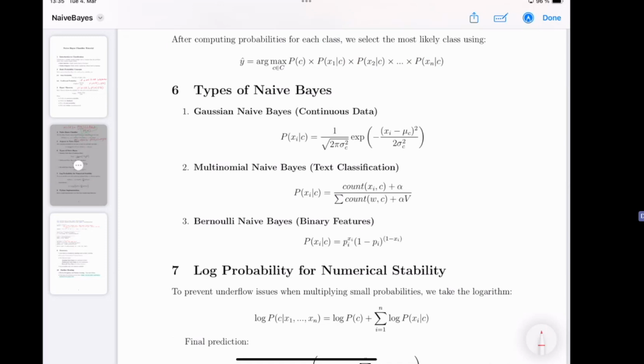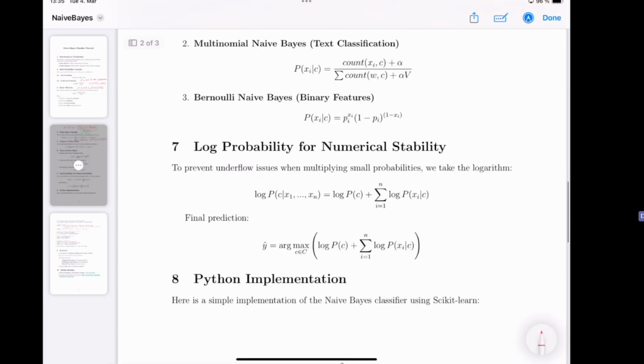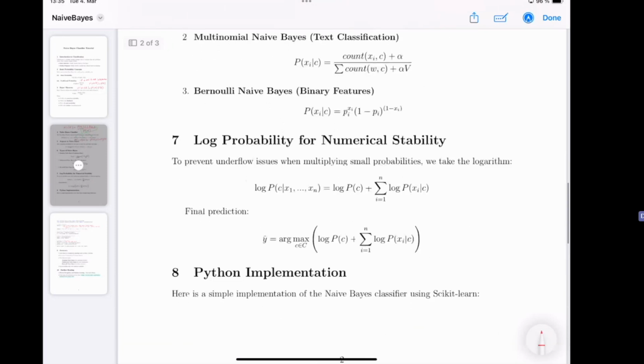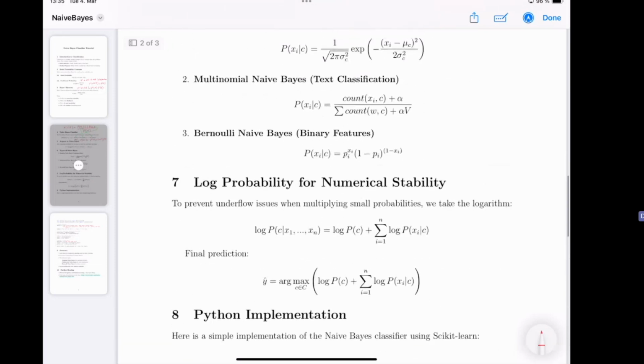There are different ways to calculate that. If the data is a continuous signal, you use this formula. If it is text-based, you use this formula. And if it is binary, use this formula. We have a Python implementation.